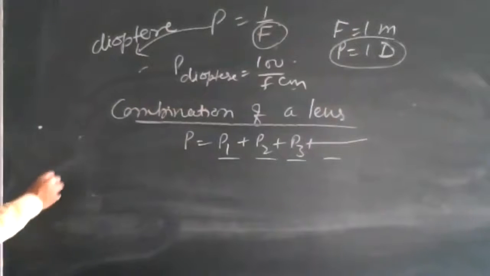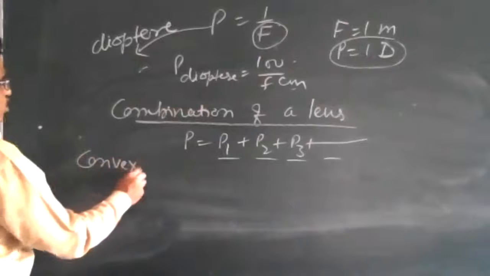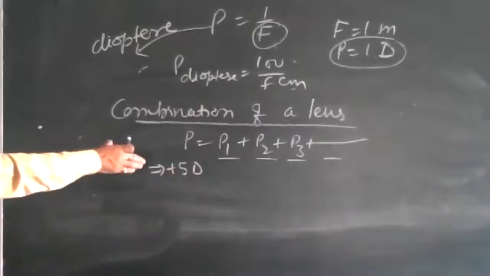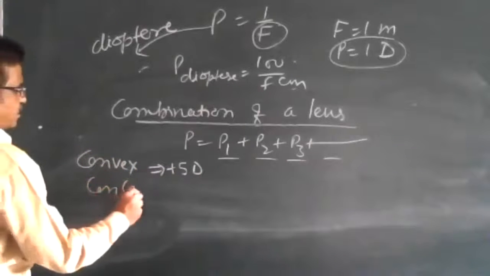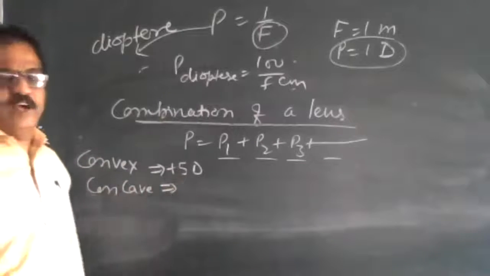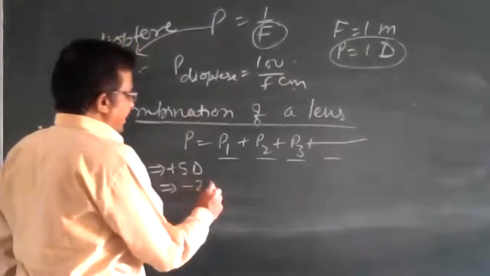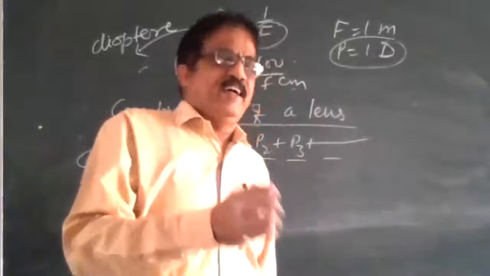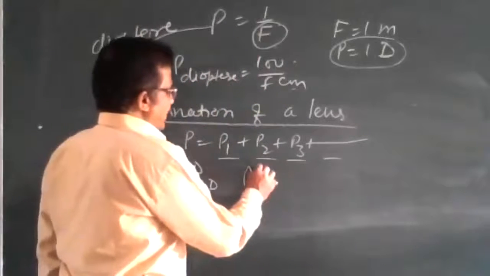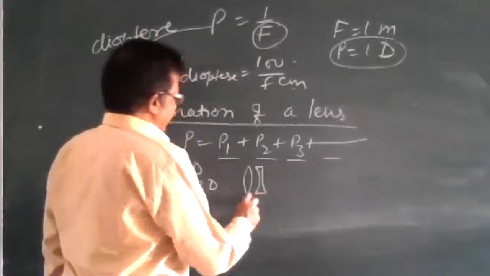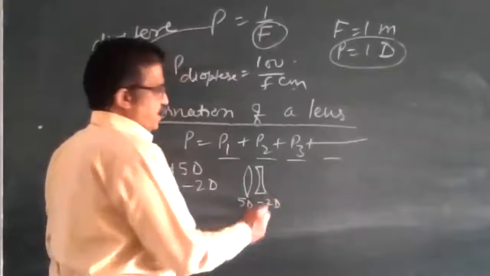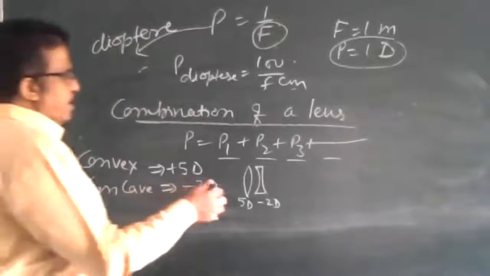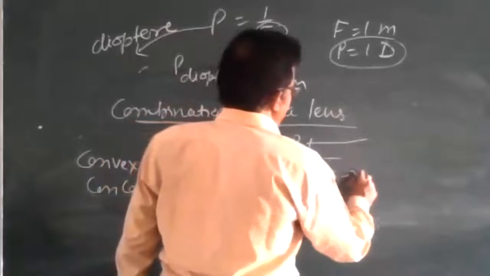For example, a convex lens has a power +5D placed in contact with a concave lens. We placed a concave lens after the convex lens and say its power is -2D. So the power of the combination would be P equals 5 minus 2, that is 3.